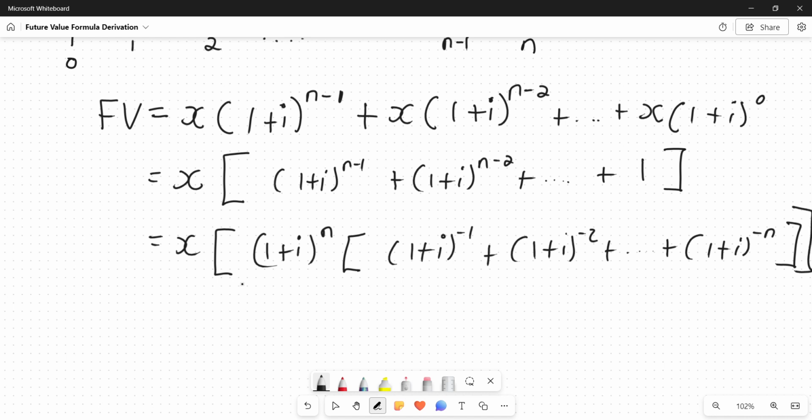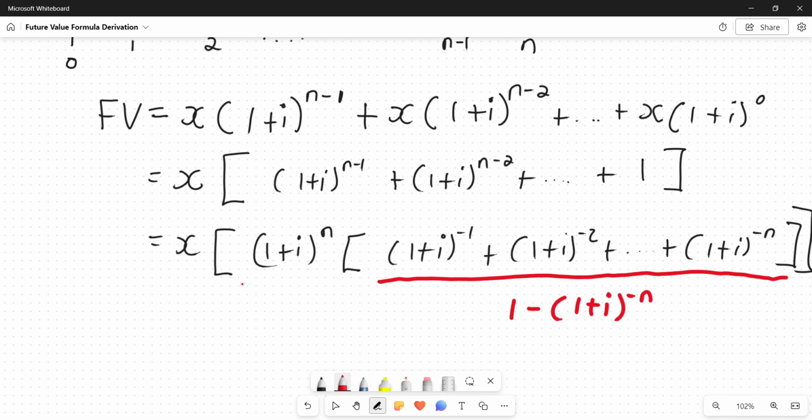As you can see, this series looks familiar. In our previous video, we calculated this series to be 1 minus 1 plus i to the power of minus n, all divided by i.